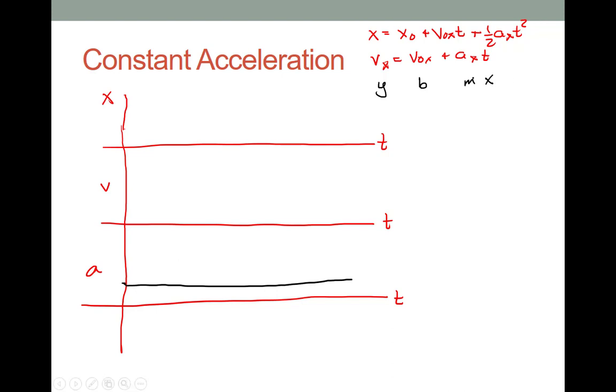So we again have a line. The slope of that line is the acceleration. So since our acceleration is positive, our velocity graph has to have a positive slope. This value right here is the initial velocity.